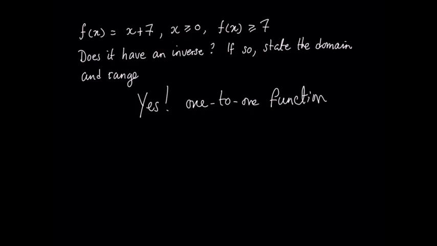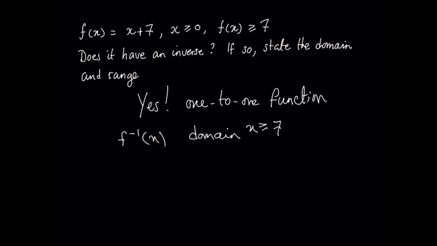So how about the domain and range? Well, as we said on the previous slide, the domain of the inverse is the range of the original function. So the domain of the inverse function f⁻¹(x) is x is greater than or equal to 7.